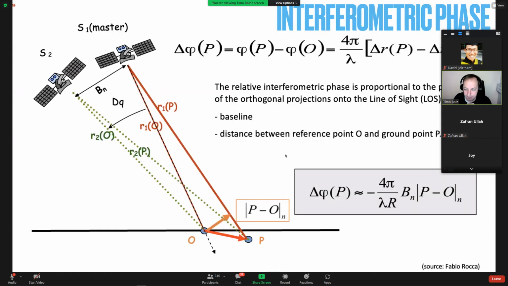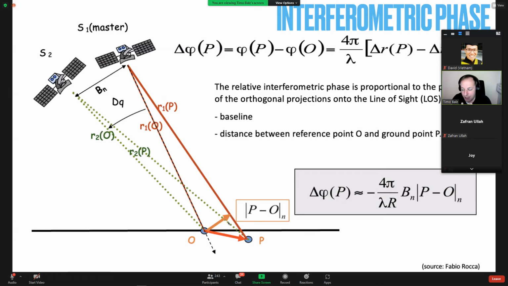If we look at the relative interferometric phase, it is proportional to the orthogonal projection onto the line of sight of the baseline, the distance between the reference point and point B. So what we are looking at with interferometry is always range differences.